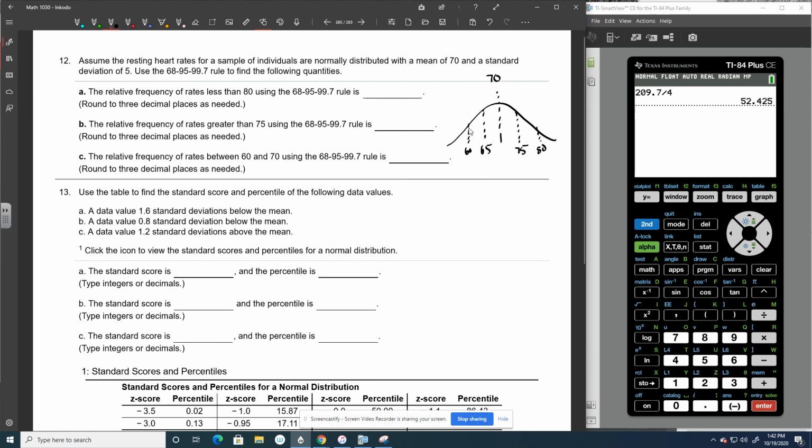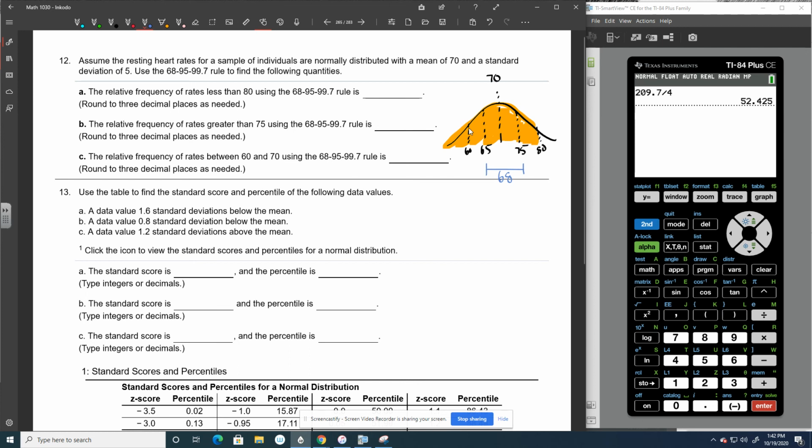The relative frequency of rates less than 80 using the 68, 95, 99.7 rule. So less than 80 is all of these people right here. It's everybody less than 80. And when it's talking about using the 68, 95, 99.7 rule, remember what that means is in between 65 and 75 is going to be 68% of the data.